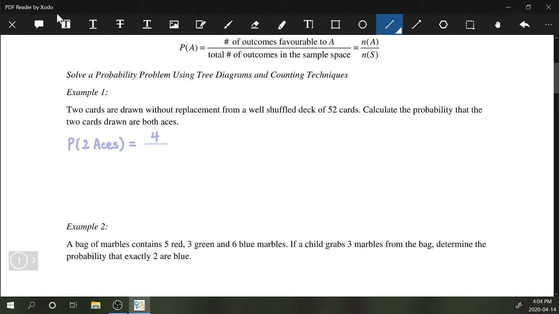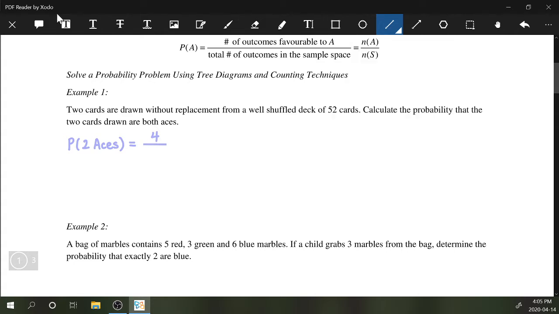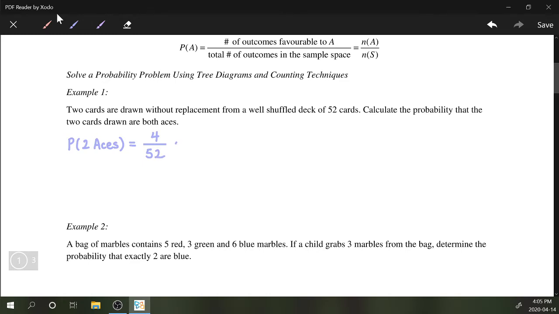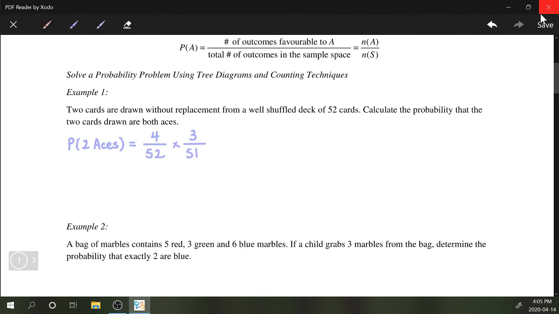So that's our first number, 4 out of 52. Now once the first card is removed, we will only have 51 cards left, of which only 3 of them will be aces. So from there, what we can do is simply multiply the numbers together. 4 times 3, of course, is going to be 12.